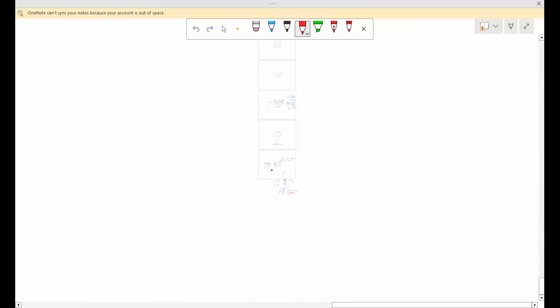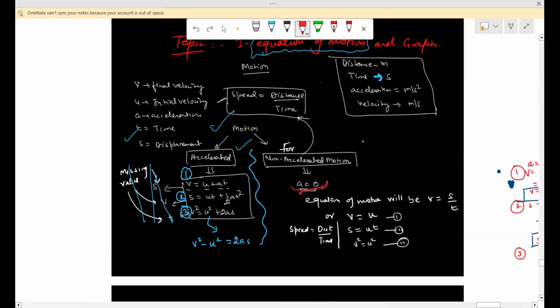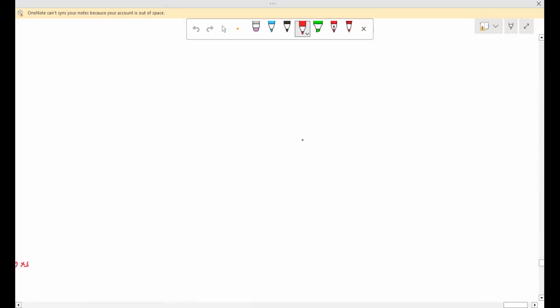Final velocity is equal to initial velocity plus acceleration. I'm asking you the second equation of motion. No, but in symbol form.